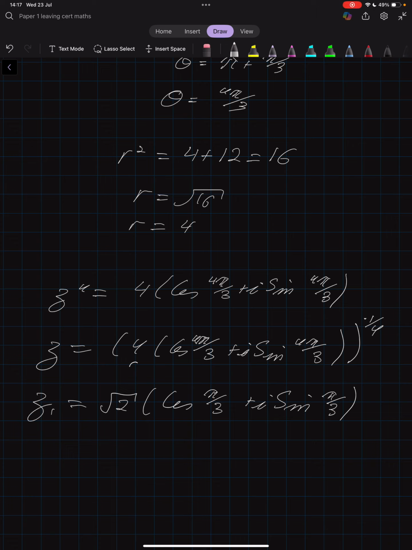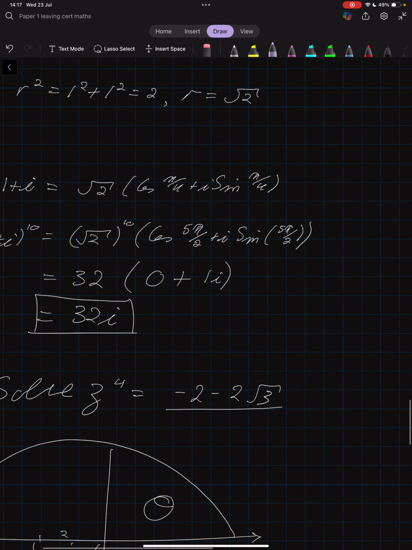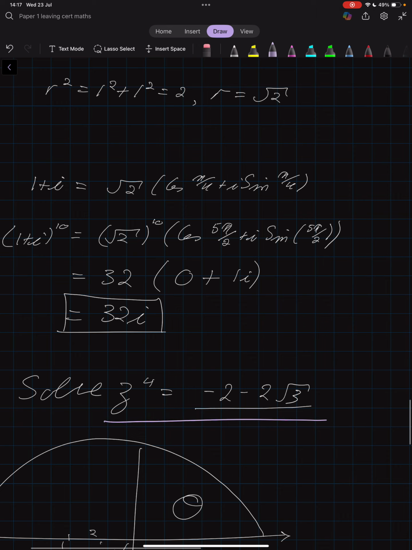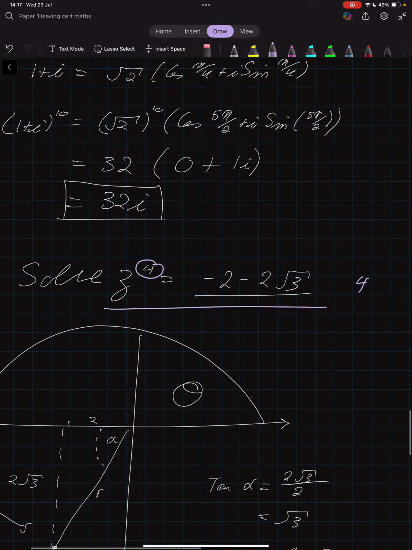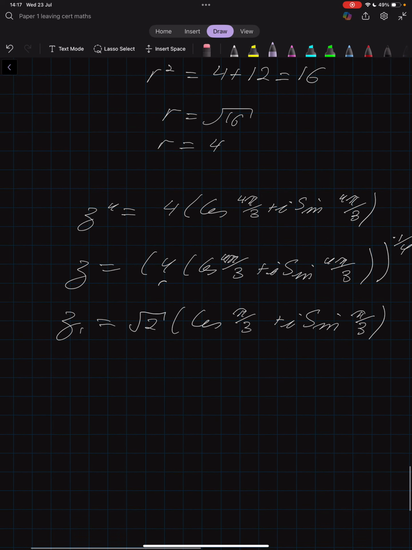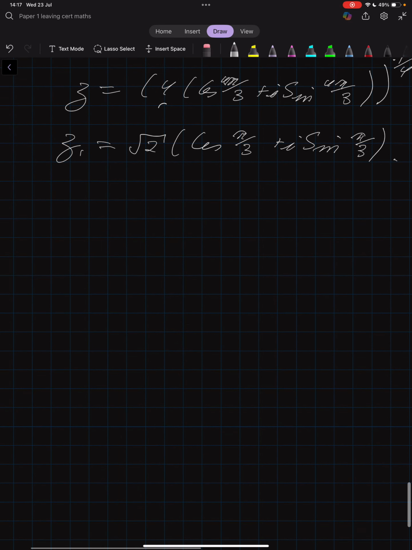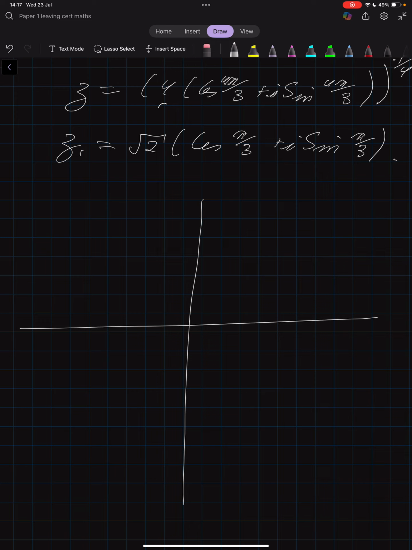That's the first answer. Now, I said before, and hopefully you'll remember, how many solutions should this have? The answer is 4. It should have 4 different solutions. Okay? The way you find them is, you draw this out, because we have one solution, which is going to be root 2, pi over 3, that's 60 degrees, so it's somewhere up here.